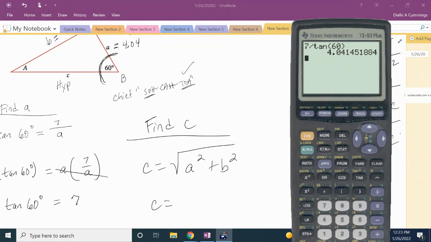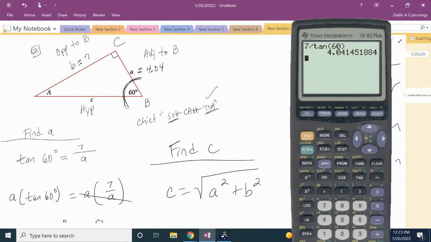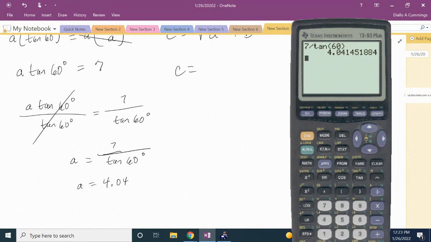In order to stay away from rounding error, you only round the last number. You never round any numbers you're using in a calculation. Which means that if I were using C equals the square root of A squared plus B squared, I would use B as 7, but I would not use A as 4.04, because 4.04 was a rounded value. It's not the true value, which we got over here: 4.04145.